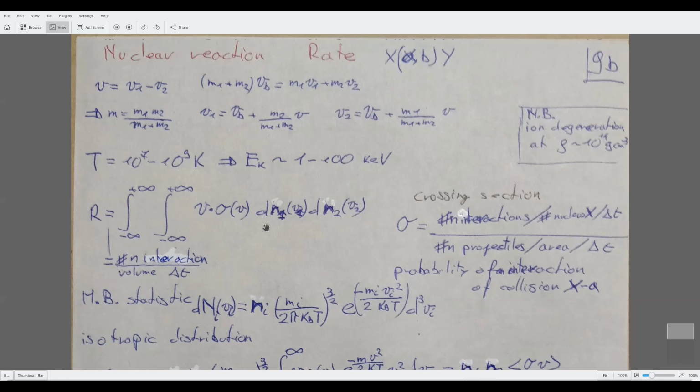In fact, you have to multiply by the density number. The cross section classically should be like the size of the particle, the area of the section of the particle, you can see it.